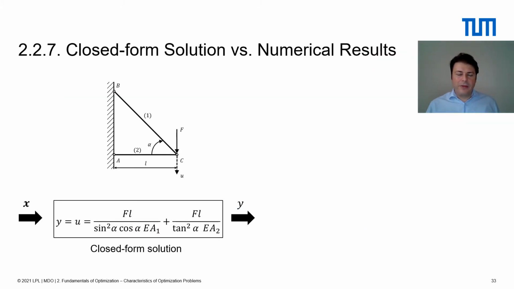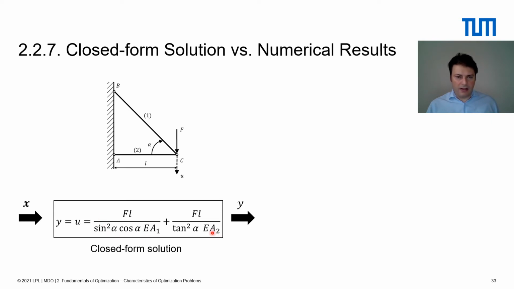Let me finally comment on an important distinction between two types of optimization problems. Optimization problems with closed form solution and optimization problems that would have to be solved numerically. So for the two-bar truss that we intentionally chose for this to be possible, we can access the mapping from design variables to quantities of interest. The formula for quantities of interest is known.